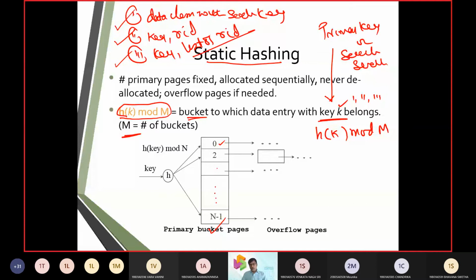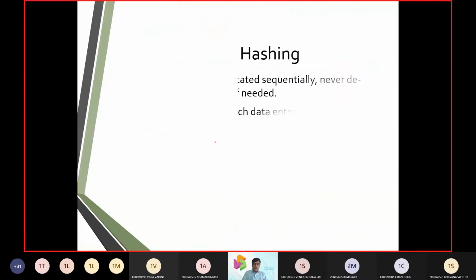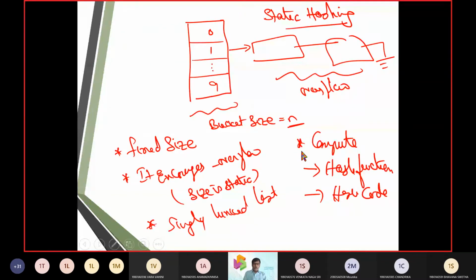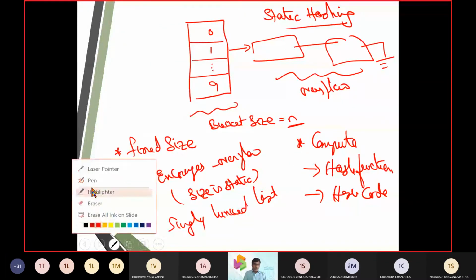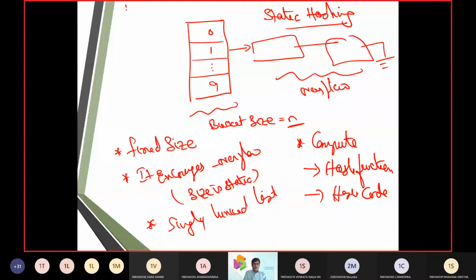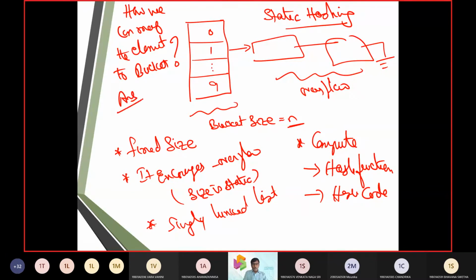record IDs. Now how are we going to map the element to a bucket? This was the question. The answer is by hash function.